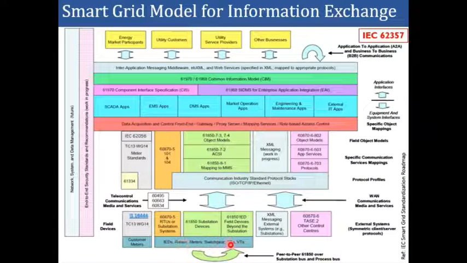So at the base, we will have intelligent electronic devices, relays, meters, and the current as well as potential transformers. These are the sensor or data acquisition devices deployed in the field to acquire the required power system data.